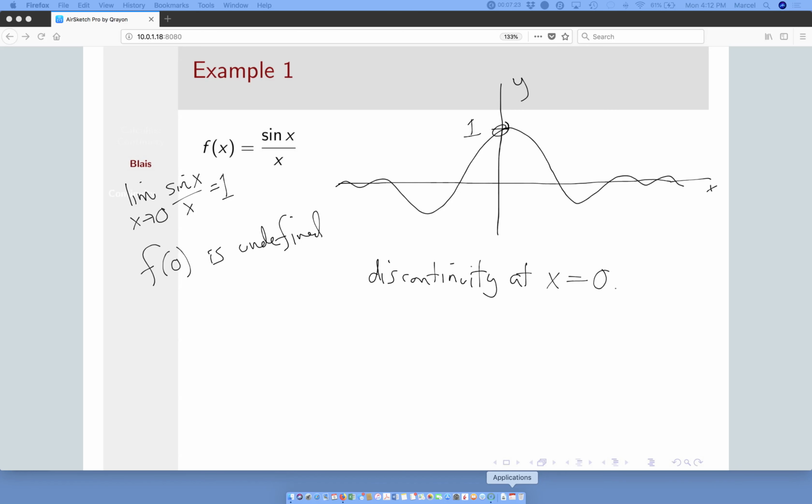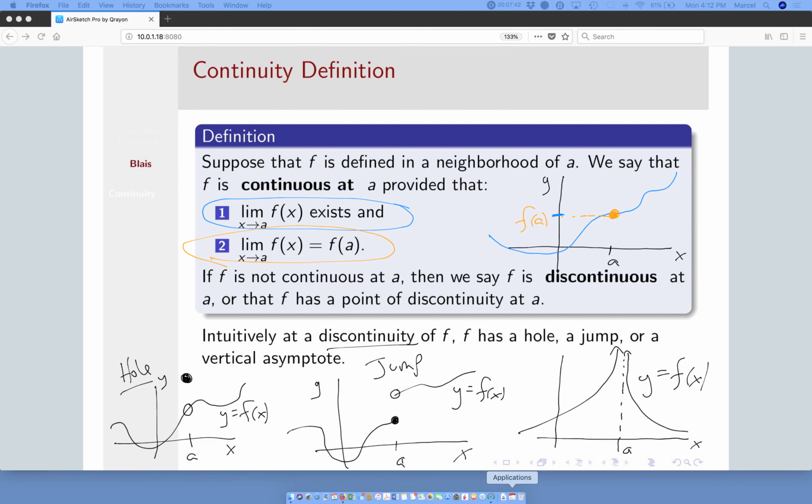Now that being said, we give a special name to this kind of discontinuity, specifically to the hole type discontinuity. That's because if you look at this picture, you might think, we can fix that pretty easily. Just fill in the dot. If you go back to these other two cases, you can't fix this jump without dramatically changing the function.